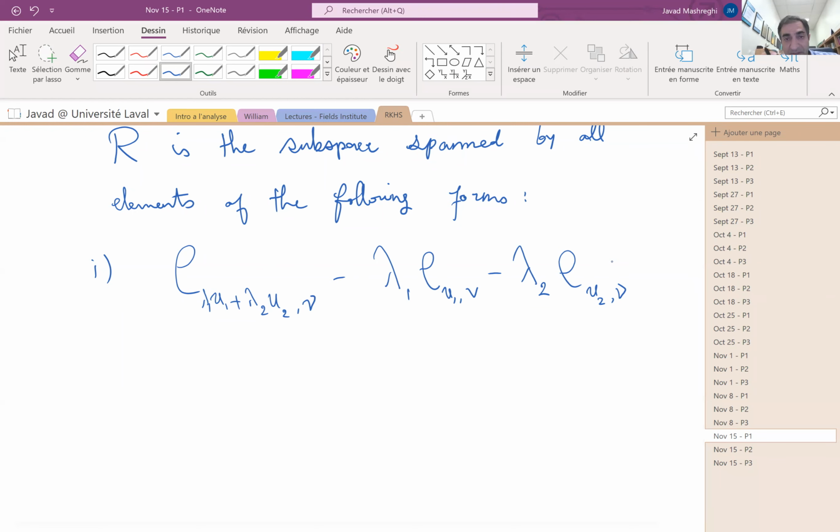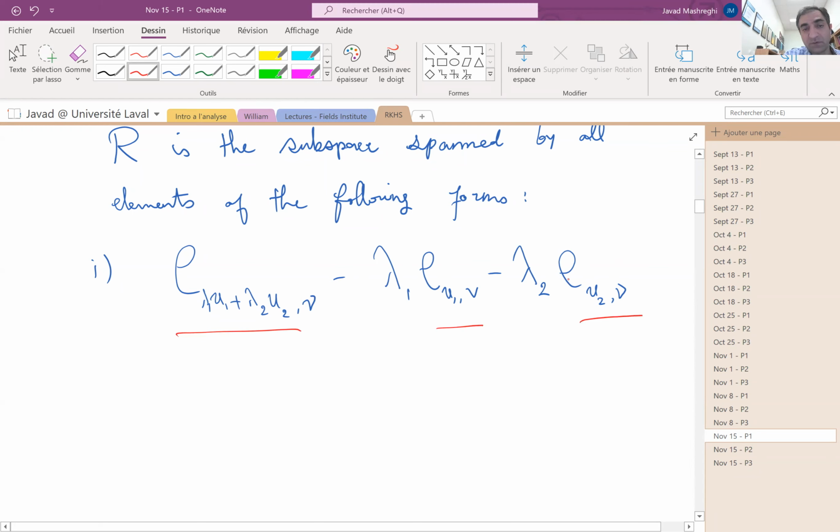Indeed, it's an element created by three elements of the Hamel basis. This element, this one, and this one with coefficient 1 minus lambda 1 minus lambda 2.